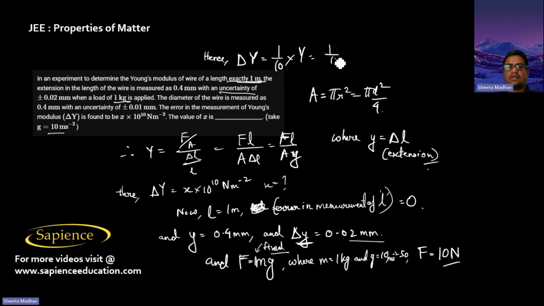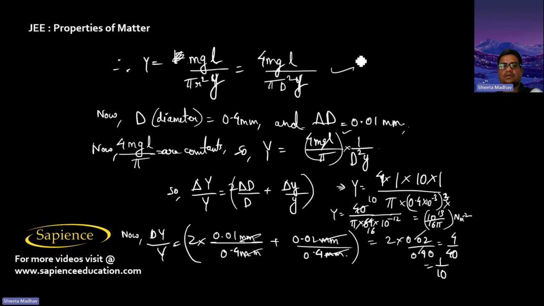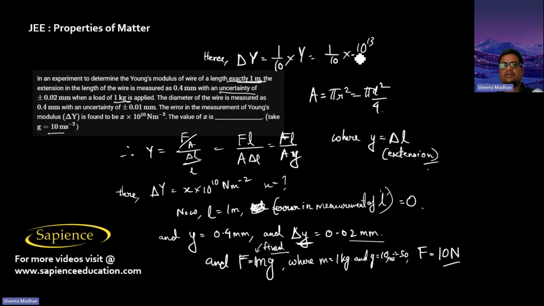This will be 1 by 10 into the Young's modulus, which is 10 to the power 13 by 16π Newton per meter square. So this will be 100 by 16π into 10 to the power 10.